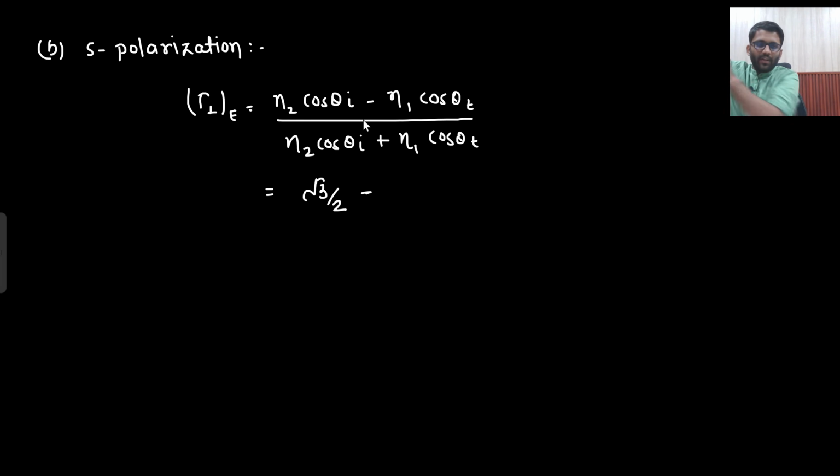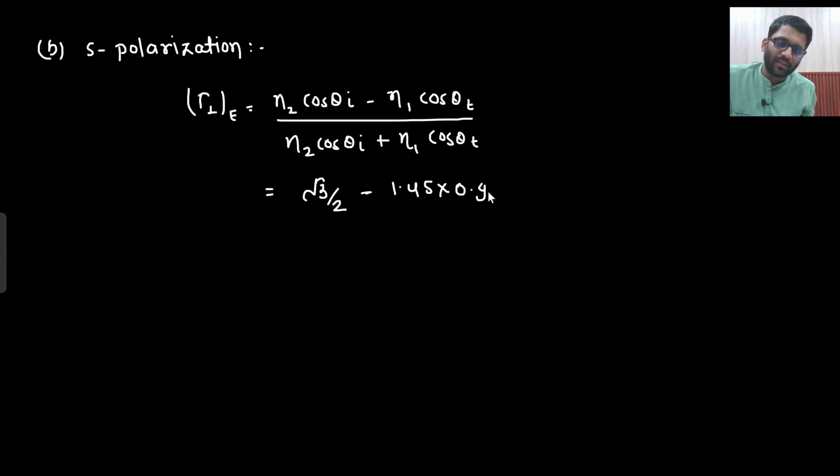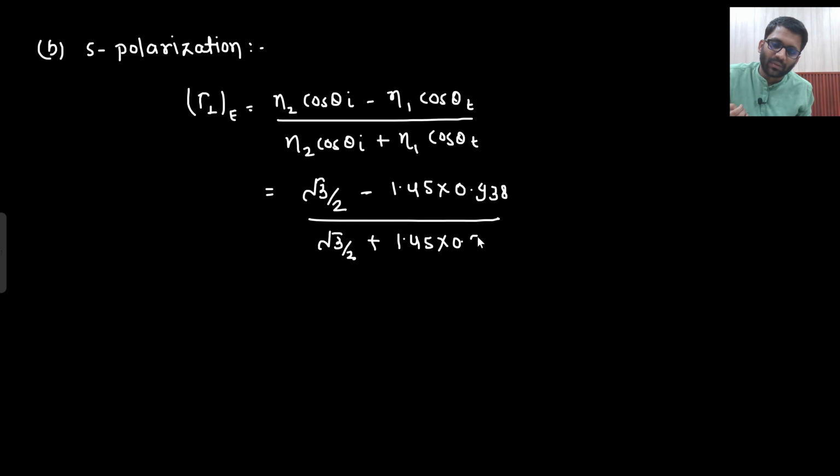What I am doing is taking eta 2 outward. So eta 1 by eta 2 is 1.45 into cos theta t, which is 0.938, divided by root 3 by 2 plus 1.45 into 0.938.